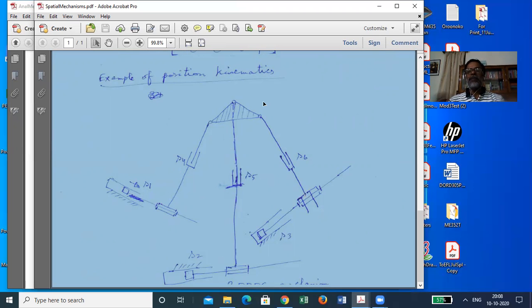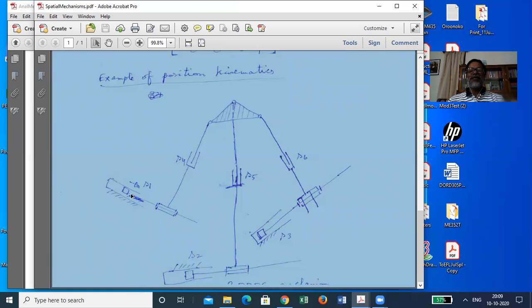Their locations, their variable values will get adjusted because of the constraints of the mechanism. Now, if you try to do position kinematics, one very awkward thing is that here doing the position kinematics will not be very easy in terms of the joint variables.